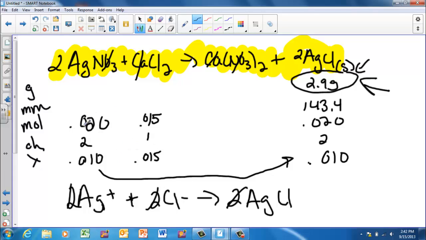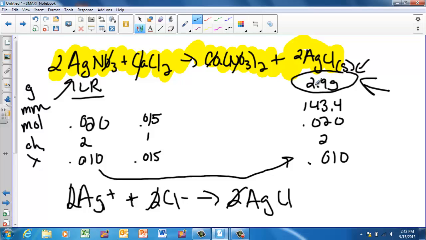I plugged them into the chart, divided by the mole ratio, and found that the limiting reactant is my silver nitrate. So that's what I brought across. The molar mass of silver chloride is 143.4, which gets me a final answer of 2.9 grams.